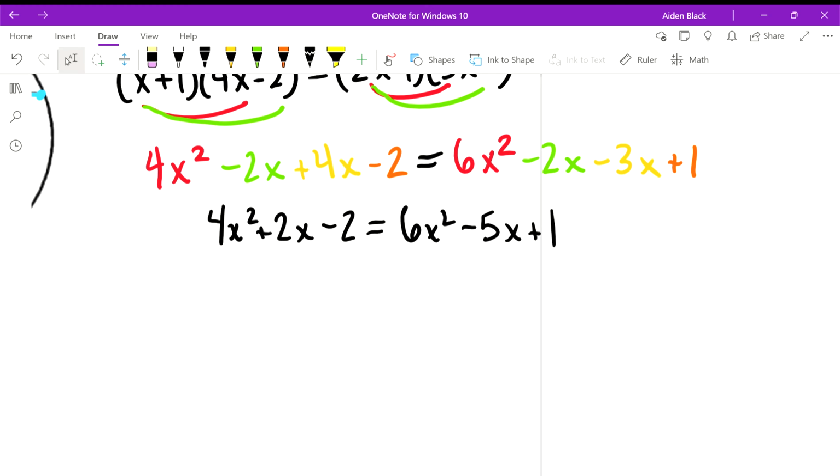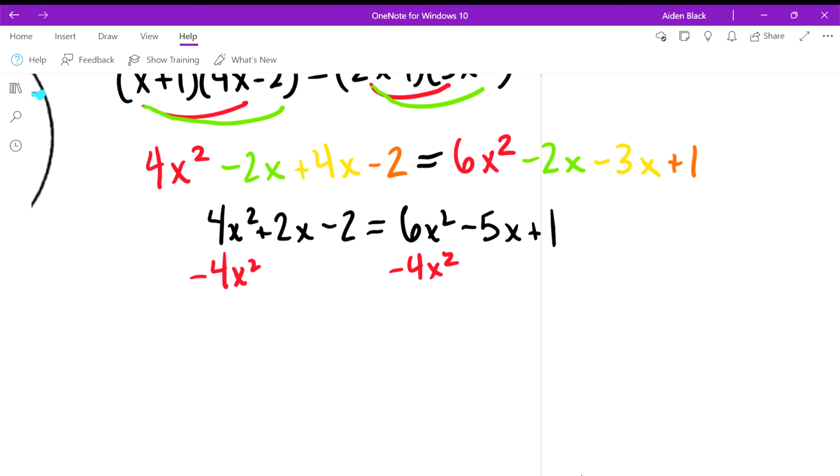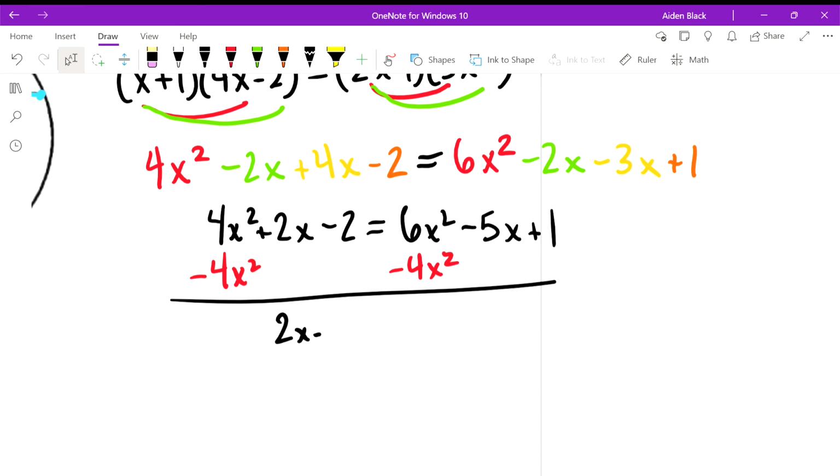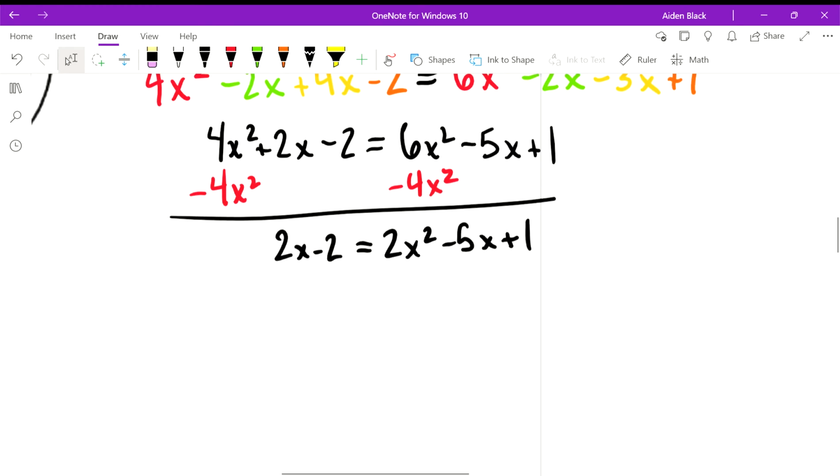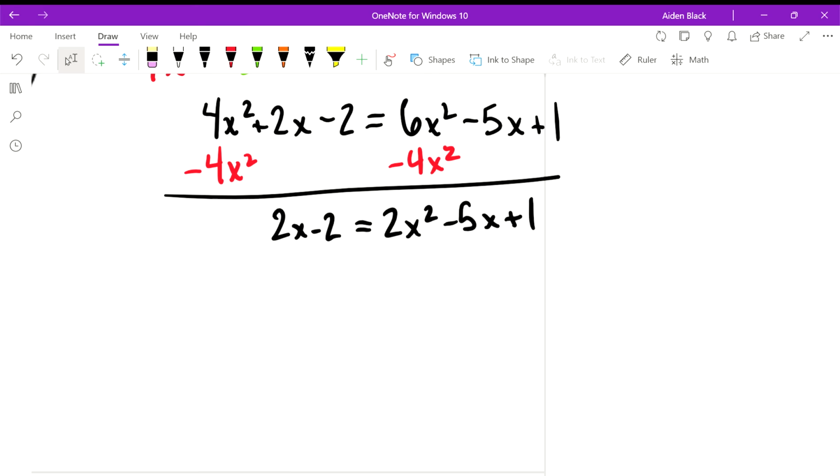Alright, so perhaps we should start by subtracting out 4x squared from both sides. See what that gives us. We get 2x minus 2 is equal to 2x squared minus 5x plus 1. It looks like it's going to be a quadratic. That x squared doesn't cancel, and neither do the x's. So we're going to want to get everything to one side and have it all equal to 0.